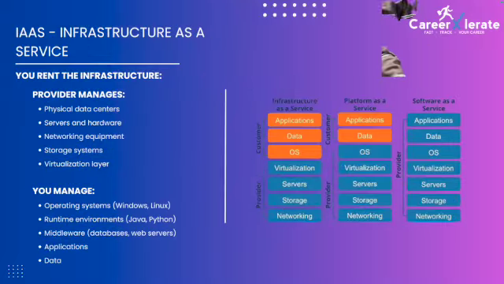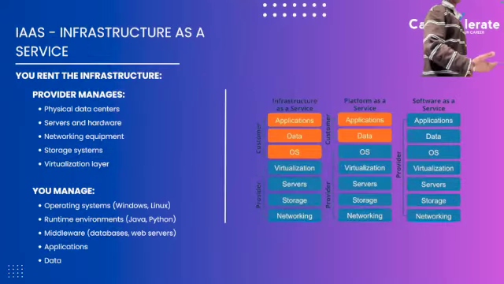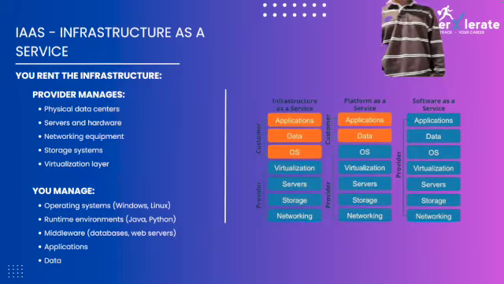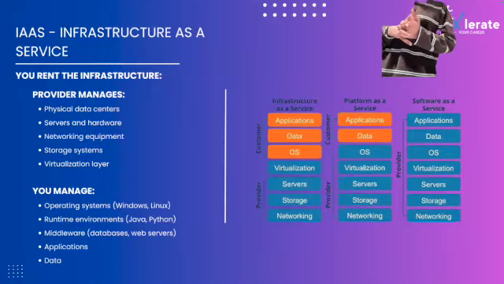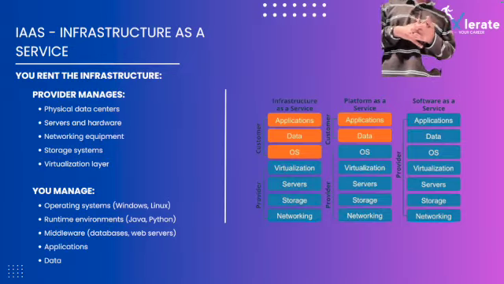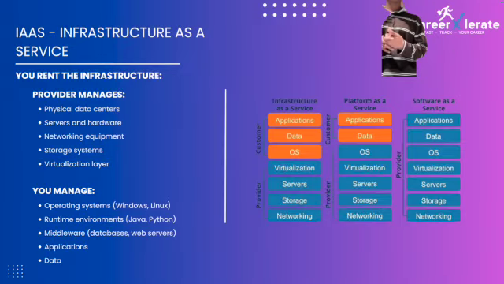Perfect. Now let's go into depth because it will come in the exam. Infrastructure as a service, IaaS. The provider manages your physical data centers, your servers, your hardware, your networking equipment, storage systems, and virtualization layer. You manage the operating system. So what do I want to choose?